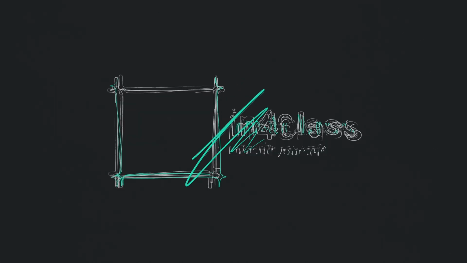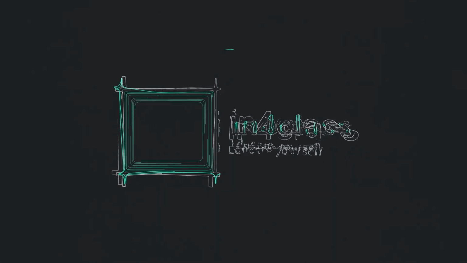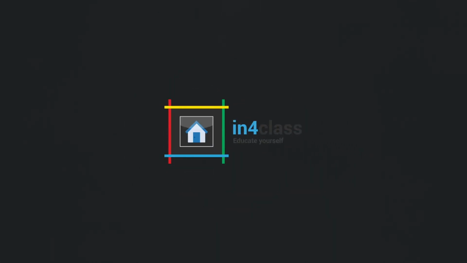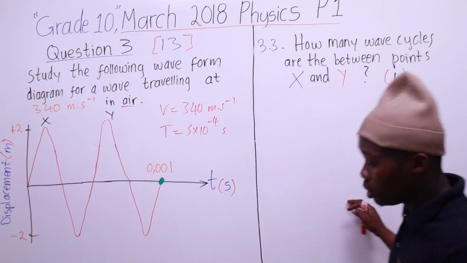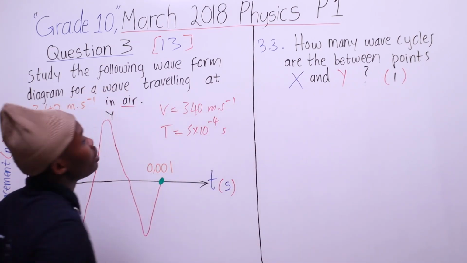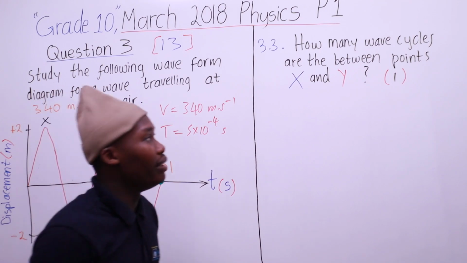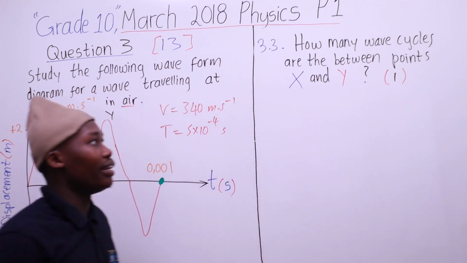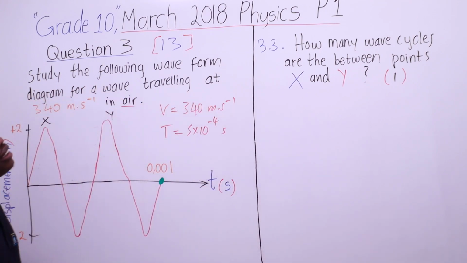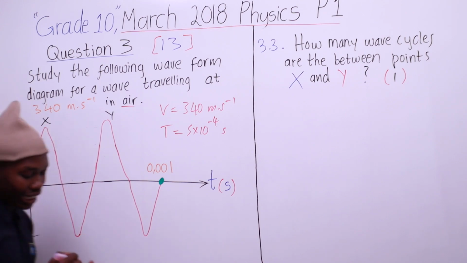Let's move on to question 3.3. Alright, so question 3. How many wave cycles are there between points x and y? Point x and y.